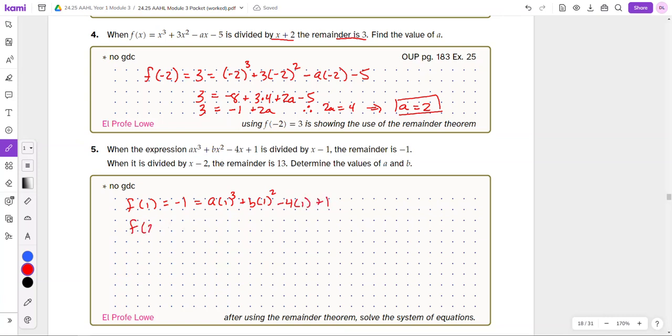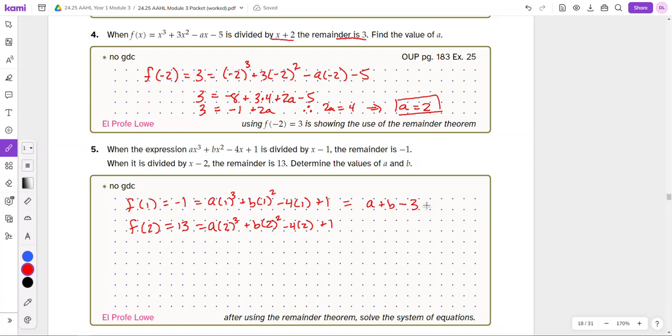I also know that f of 2, on division by x minus 2, my remainder is 13. And that would be a times 2 to the third power plus b times 2 to the second power minus 4 times 2 plus 1. All right, so if I expand this out, I have a plus b minus 4 plus 1 is minus 3.